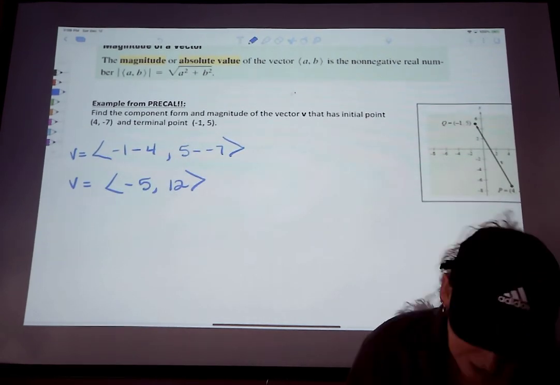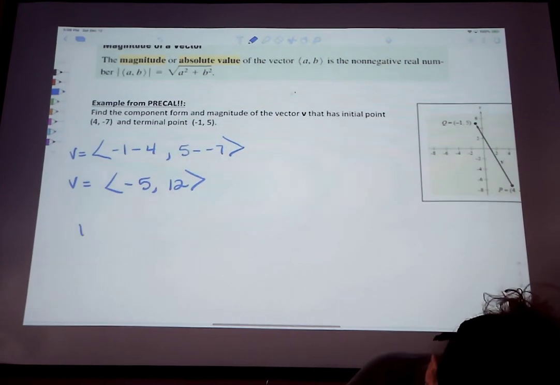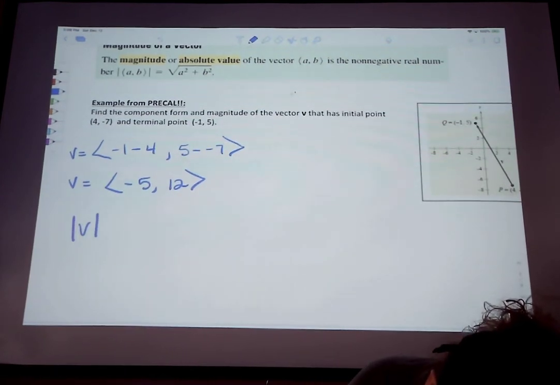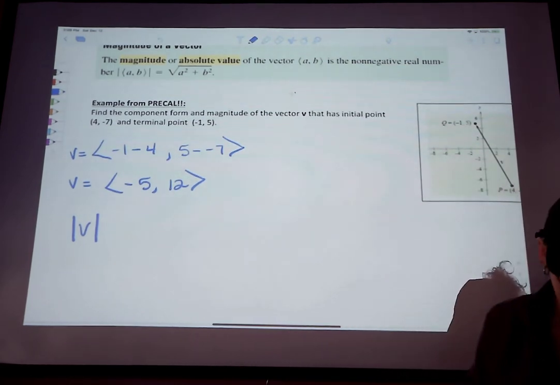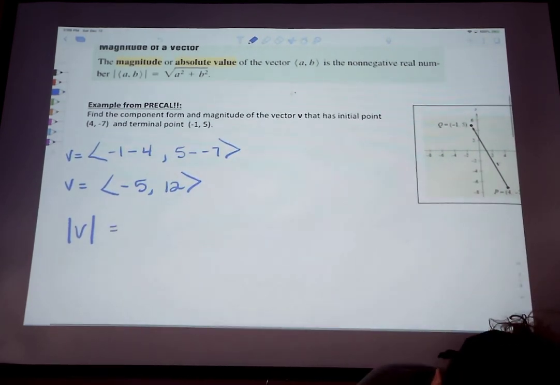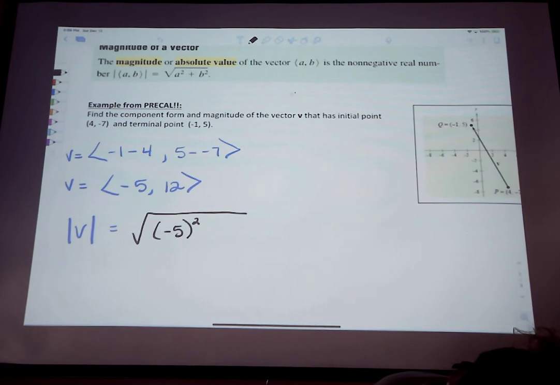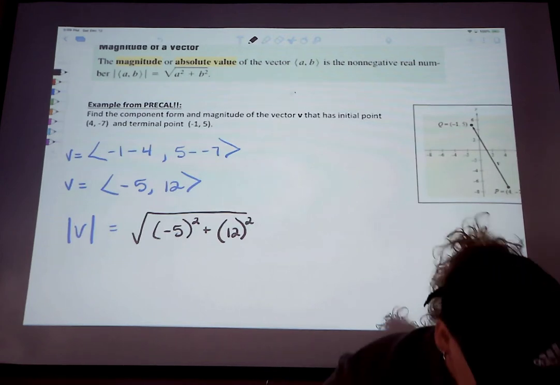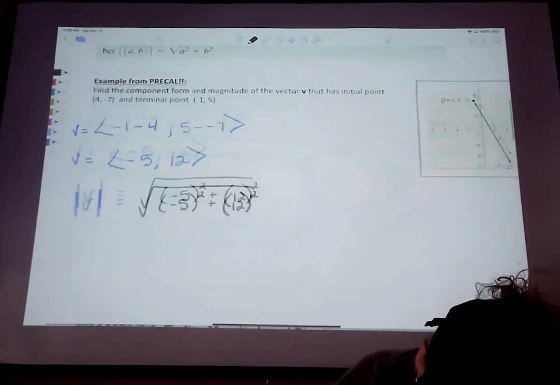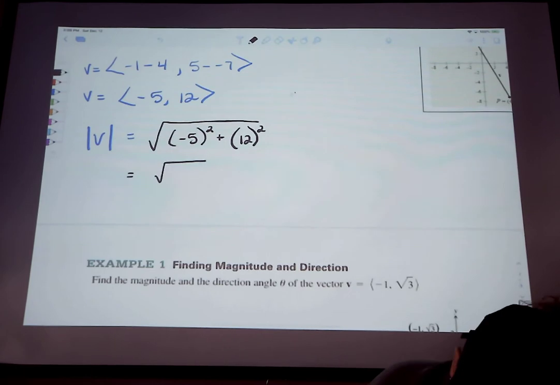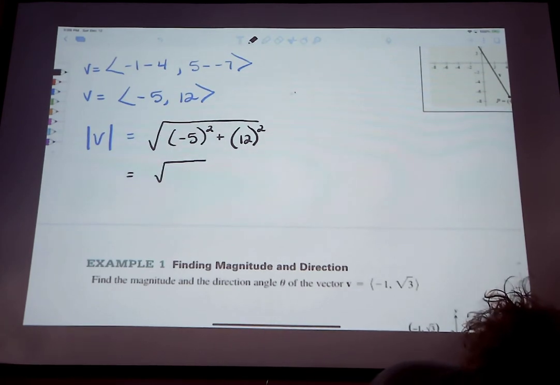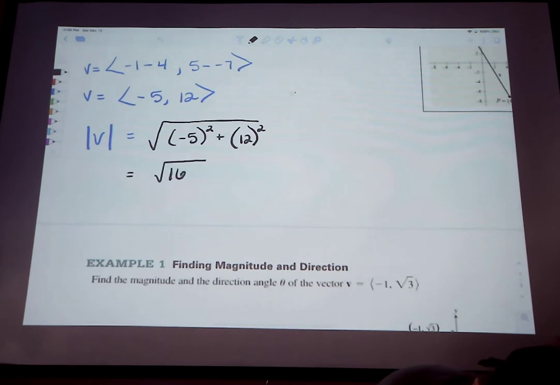And magnitude. This is how we denote we're finding magnitude. That's how we write it. And I'm going to go positive root of my x distance and y distance. 25 plus 144, that's 169.